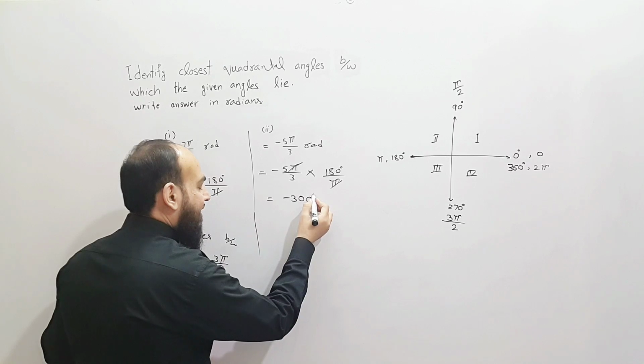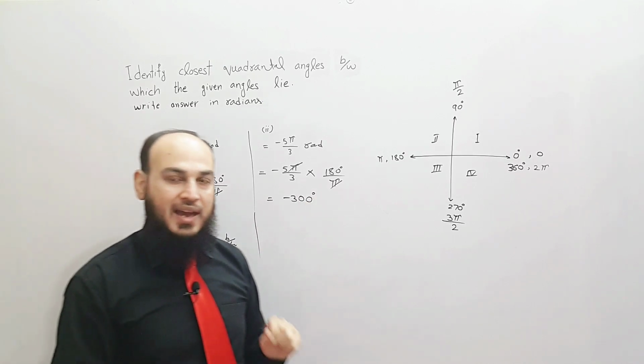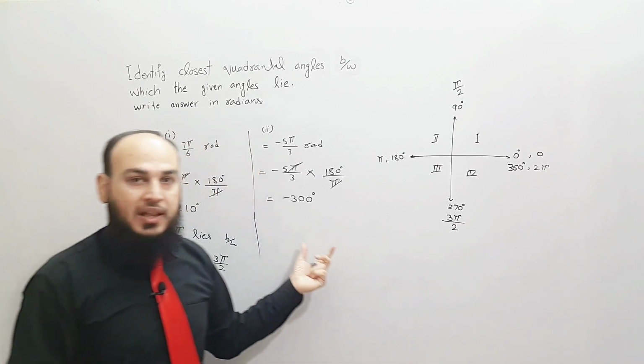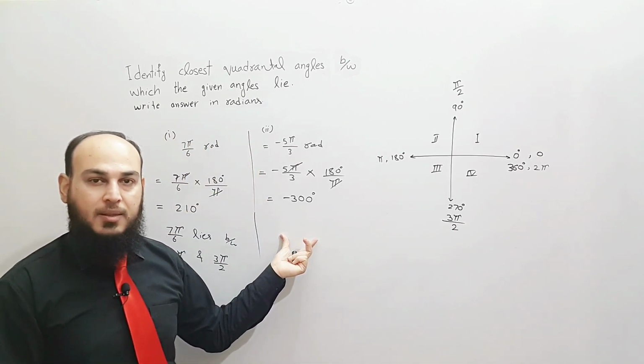Okay, we know that minus 300 degree lies between minus 270 and minus 360.